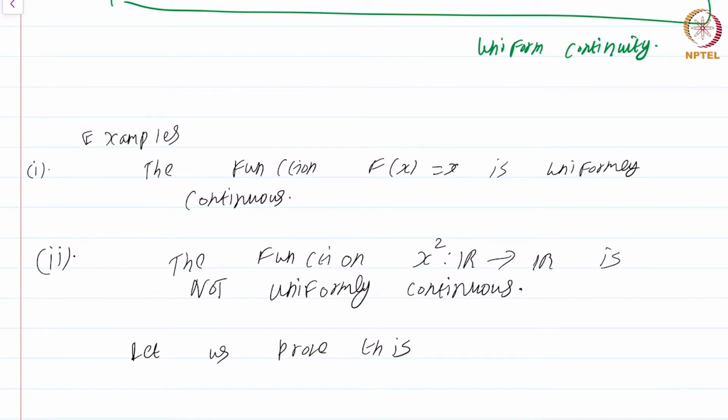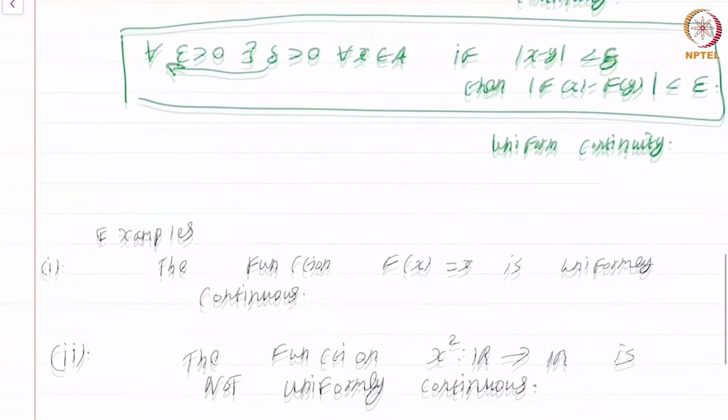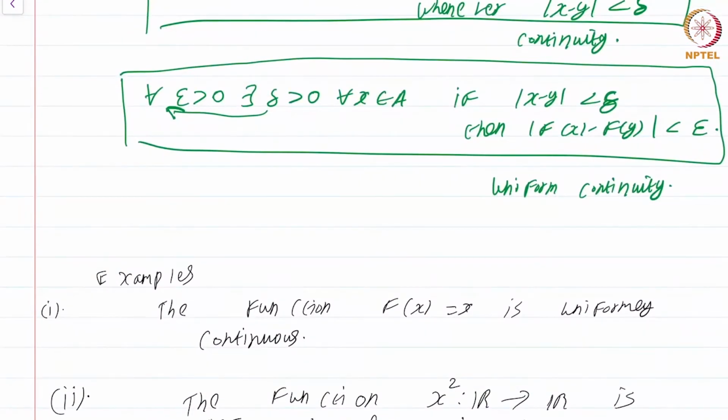Okay. Now, how can a function fail to be uniformly continuous? Let's try to understand this before we proceed to prove that x squared from R to R is not uniformly continuous. For that, let's look at the logical version of uniform continuity. For each epsilon greater than 0, there exists delta greater than 0 for all x in A such that something happens. What is the negation of this? Well, we are now experts at negating.